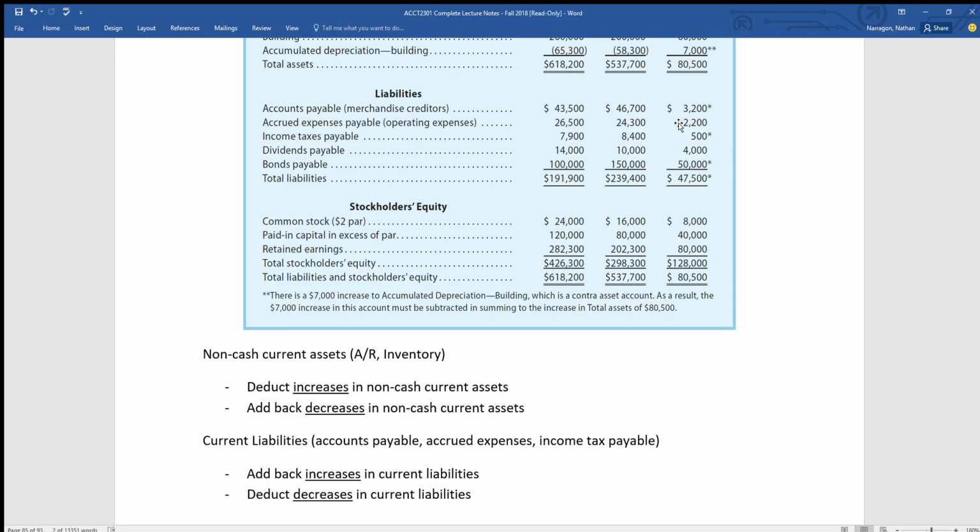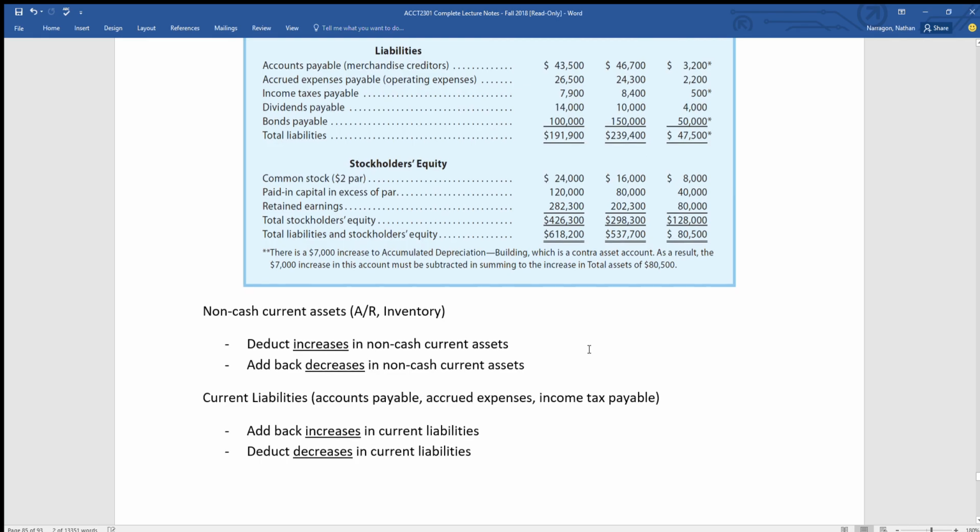This actually shows that we've paid off our liabilities, but they're not affecting the income statement itself. So they only affect the balance sheet. That's the one reason why we need to deduct any decreases, to show that the actual cash flow was used to do that.